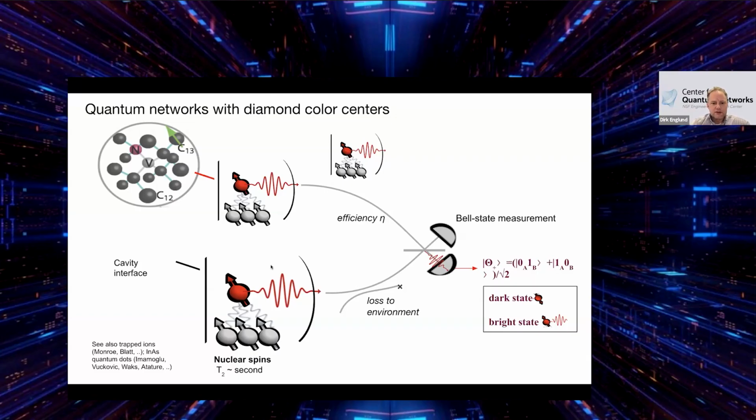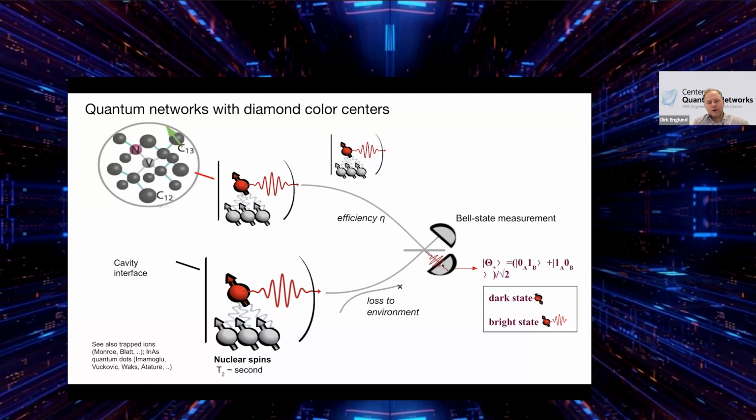Now this optical field here is entangled with the atom that it leaves behind, and it's traveling down, let's say, this waveguide. And you do this again a second time on Bob's system. Then you can send them through a beam splitter. The beam splitter can either reflect this optical field here and cause a photon to be registered on this detector, or on the other side.